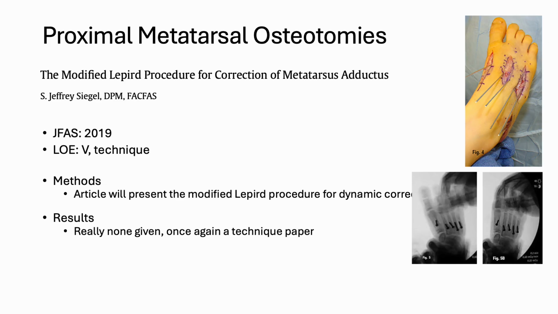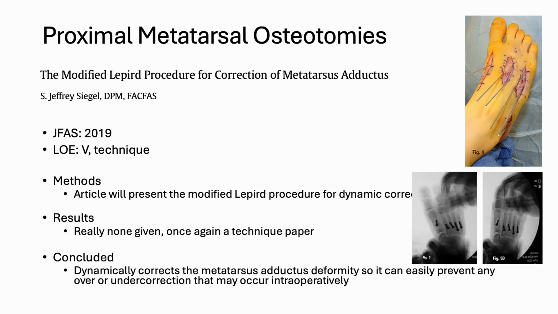And he said that he gets good results. It's a technique paper and concluded that dynamic correction of metatarsus adductus deformity can easily prevent over or under correction using his technique. Now, again, we need functional results, we need radiographic results, and follow-up. But I'm showing you that one, board studies, this is an option for you all.